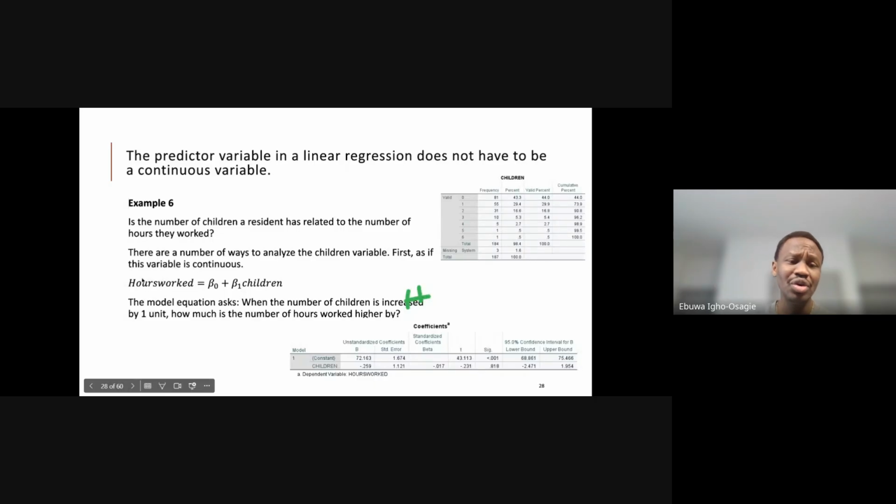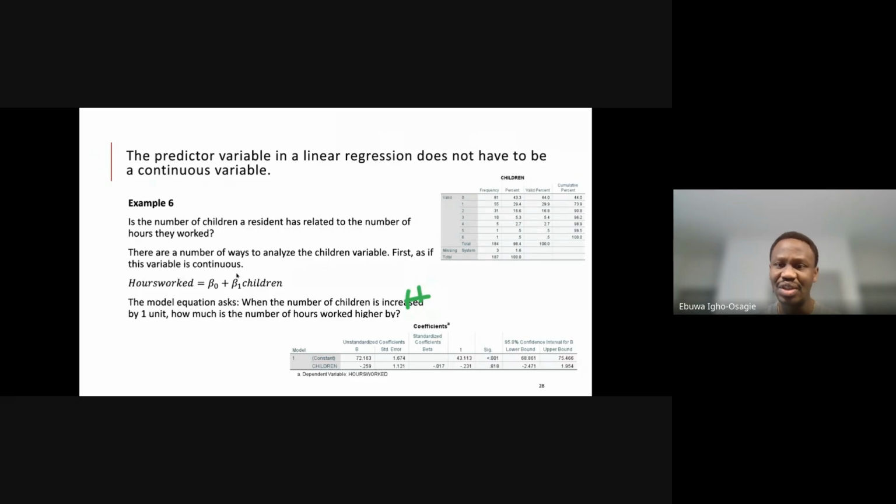So we know that we are trying to answer the question of how many hours are worked per week. But the question is, does the number of children a resident has predict the number of hours? So let's start with beta naught. Let's imagine that people can have 0 or greater than 0 children. People can have 1 child, 2 children, and so on.